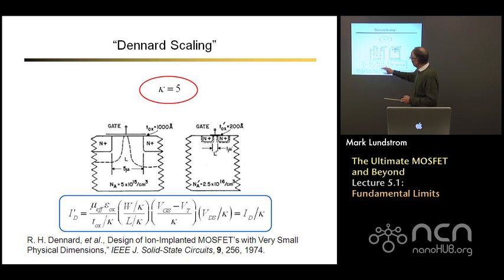So here's an example in this paper. This is for kappa equal 5. This is a 5 micron channel length MOSFET, the kind of technology that I was developing in my own very first job. And this is what happens if you scale it by a factor of 5. So you reduce all of the dimensions by a factor of 5.